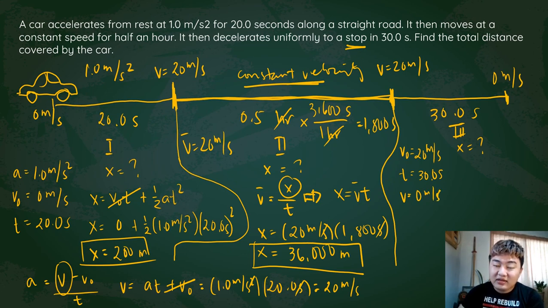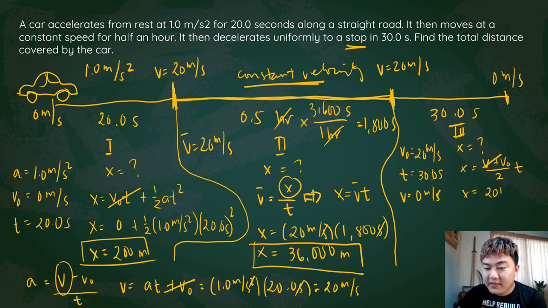So what equation can we use to solve for displacement if we have initial velocity, time, and final velocity? That will be your x is equal to v plus v0 over 2 times time. Now, since final velocity is 0, then that's just v0 over 2 times time. So x is equal to, what's your v0?